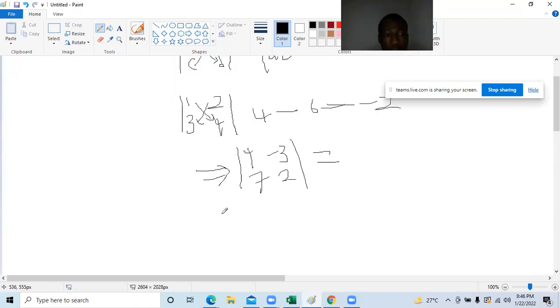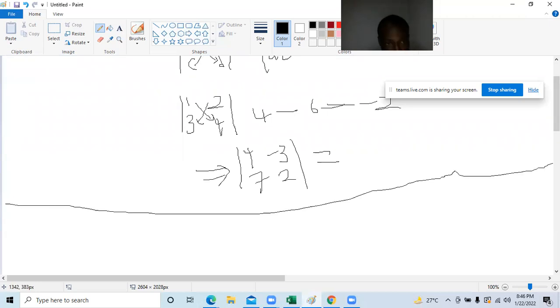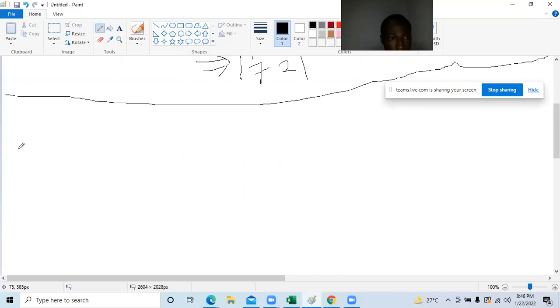So let's go into the determinant of a 3 by 3 matrix, which is a little more complex. But let me give you the formula for that. Right. So we have plus, minus, plus, and we have minus, plus, minus, and we have plus, minus, plus.